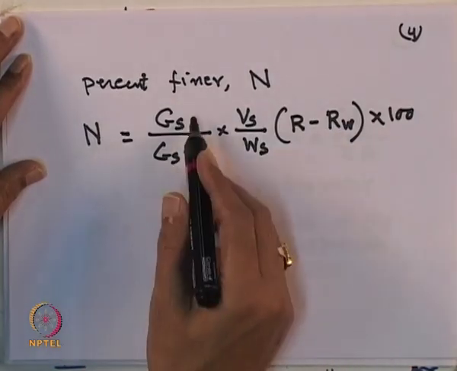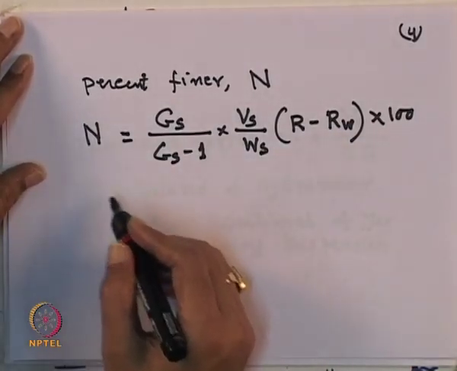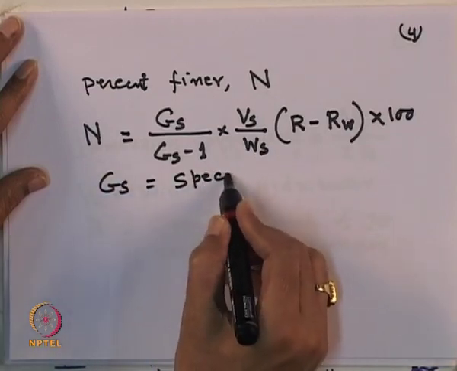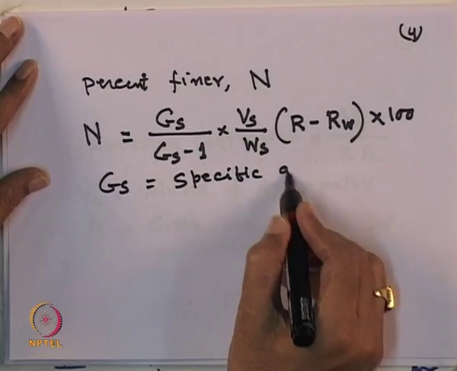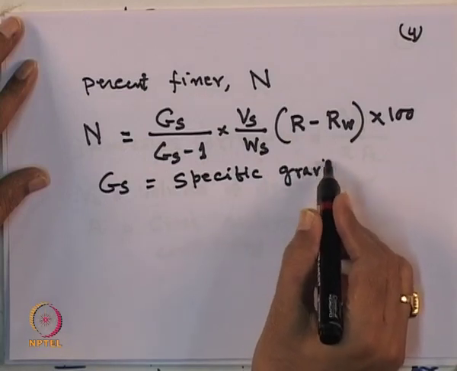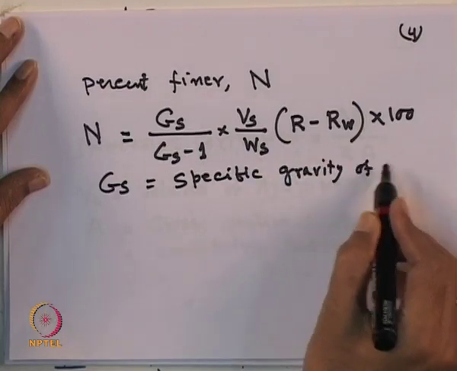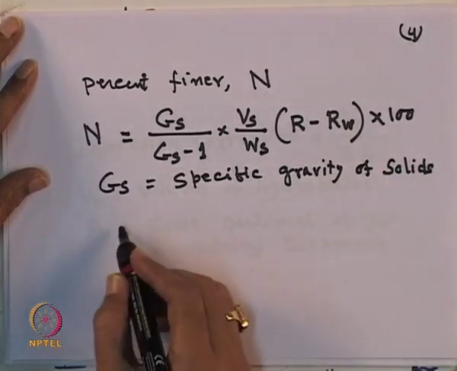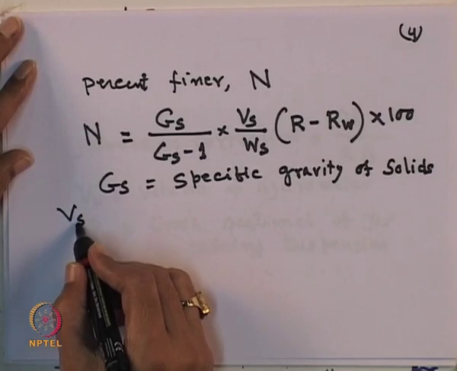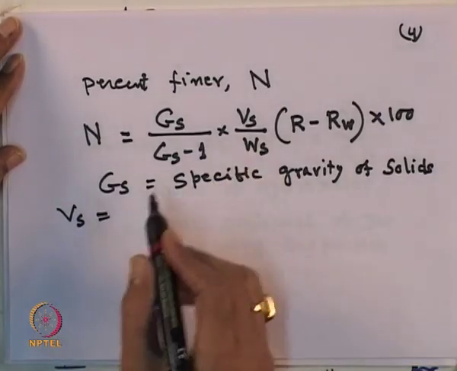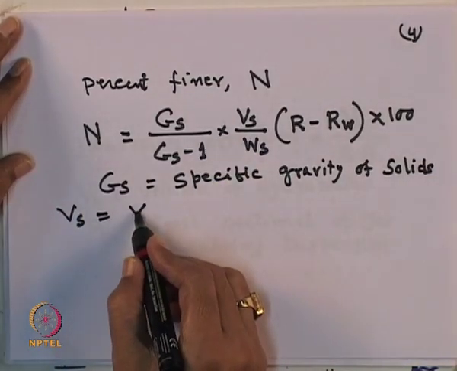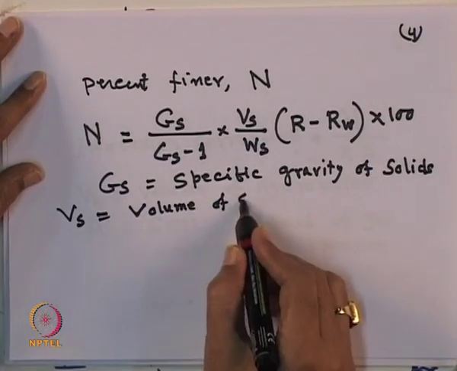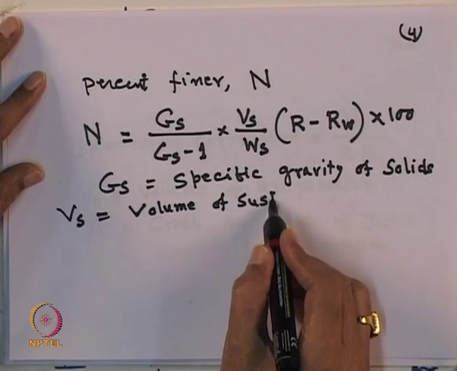Here Gs is the specific gravity of solid, and Vs is the volume of suspension.